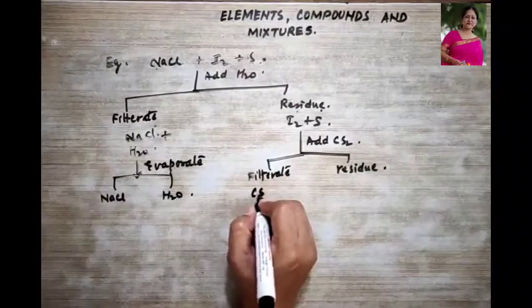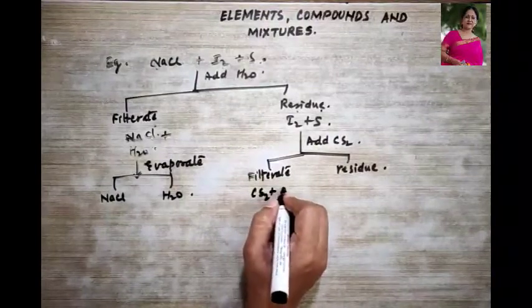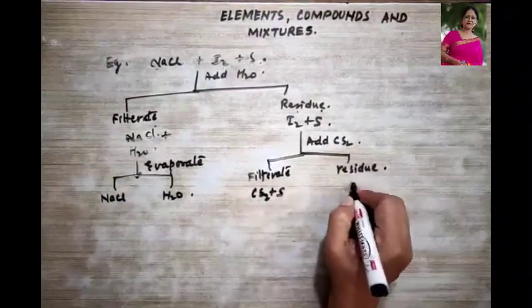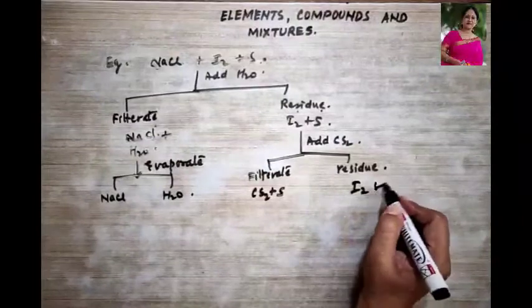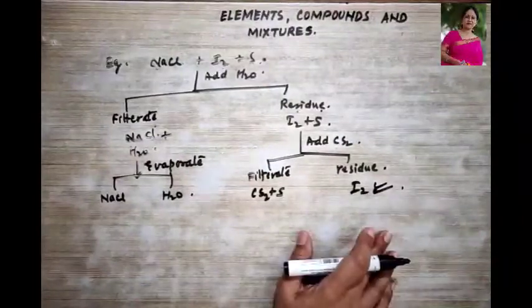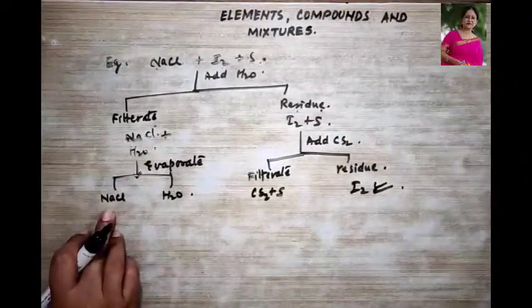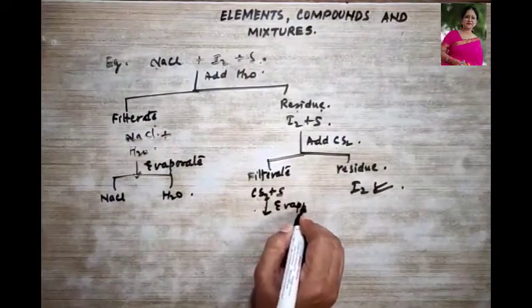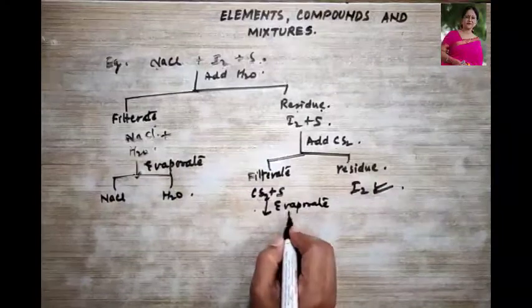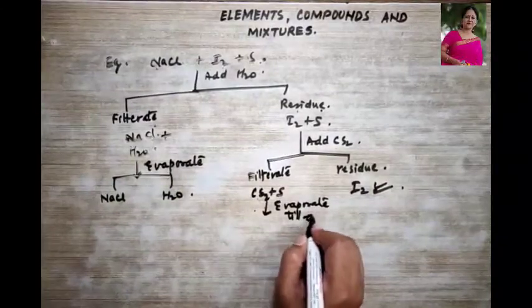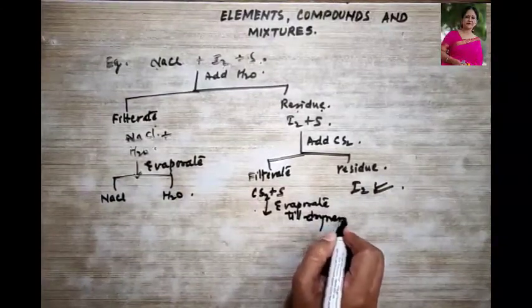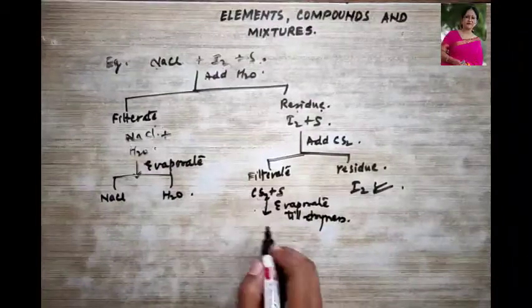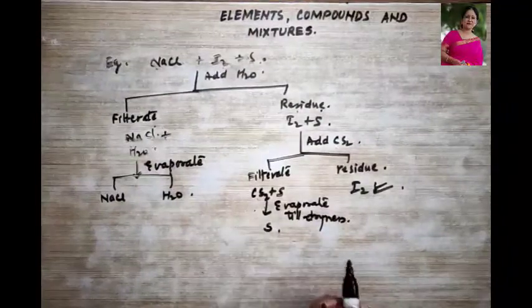Filtrate is your carbon disulfide plus sulfur, and your residue is iodine. So iodine, which is left behind in the filter paper, NaCl is already obtained. Now further evaporate till dryness. All carbon disulfide will evaporate, leaving behind sulfur.